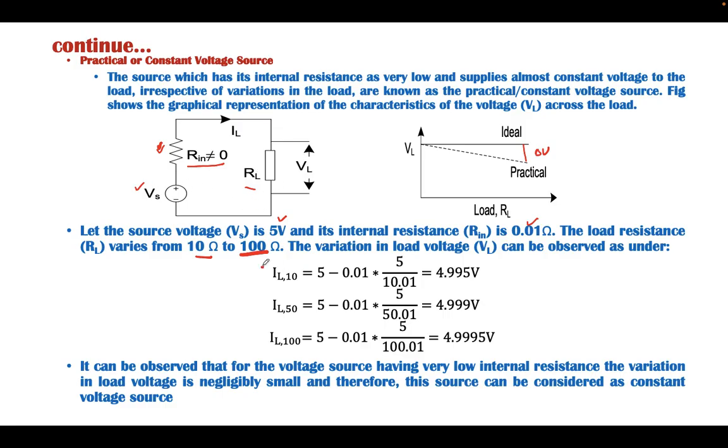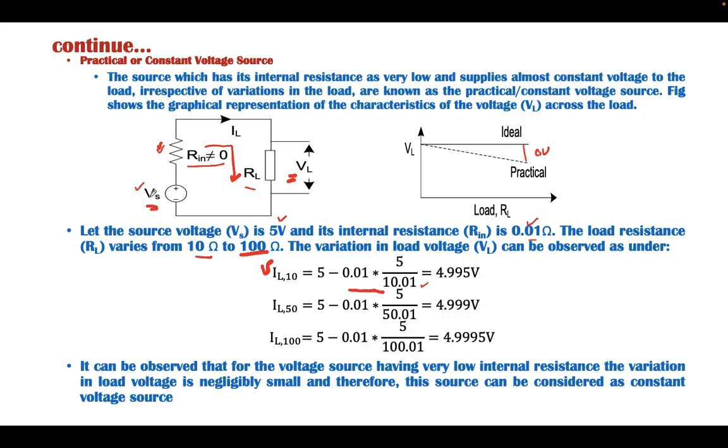In order to find the voltage across RL, we have to calculate the current of this circuit and then the voltage drop in this element, and by subtracting this voltage drop from the total voltage, we can easily calculate the voltage across the load. Here Vs is 5 volt. From 5 volt we subtract the drop. The current is 5 upon 10.01, since the total resistance of this path is 10 plus 0.01, which is 10.01.